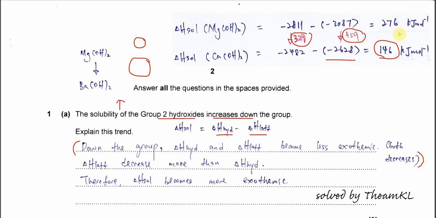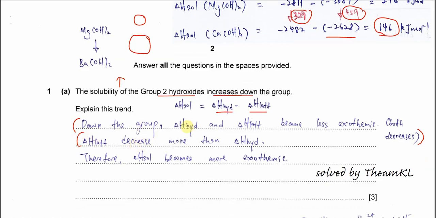Magnesium hydroxide is negative 276 and calcium hydroxide is negative 146. It's just because the lattice energy decreases more, so eventually the enthalpy change of solution becomes more exothermic. That's the second point you must mention: the lattice energy decreases more than the hydration enthalpy, and therefore the delta H solution becomes more exothermic.